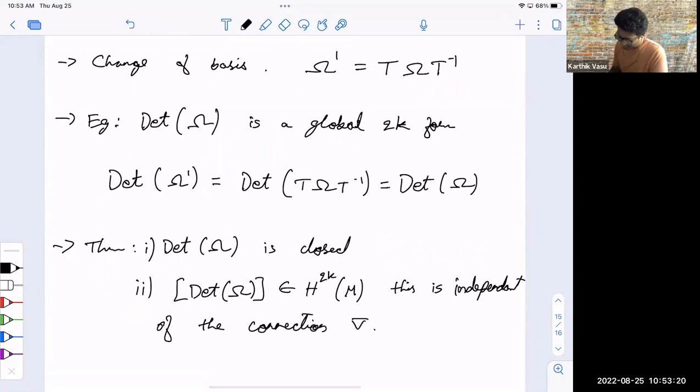So basically what I mean is if you chose another connection, this cohomology class will still be the same. A priori, this always depended on the connection. Maybe I will write it in a better way here. So it is the determinant of the curvature. This form depends on the curvature or the connection, but the cohomology class does not depend on it.